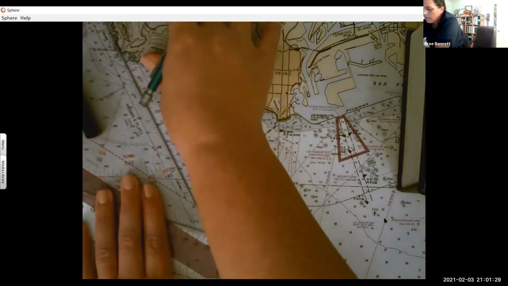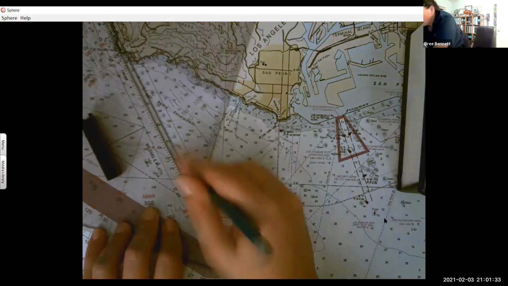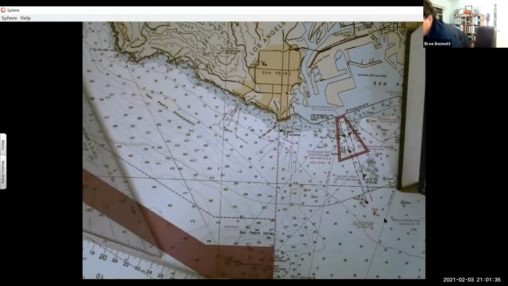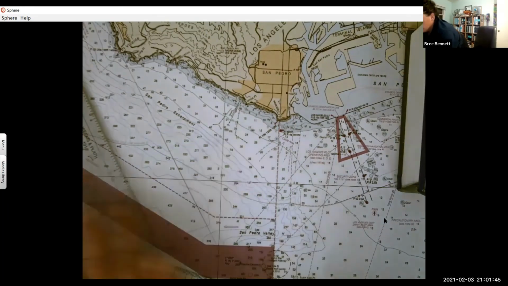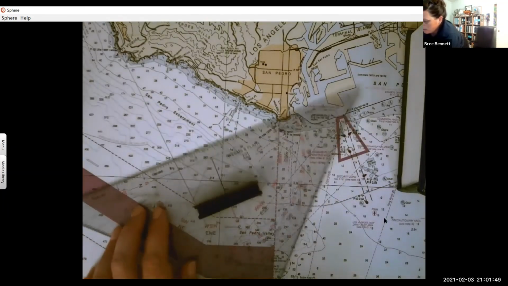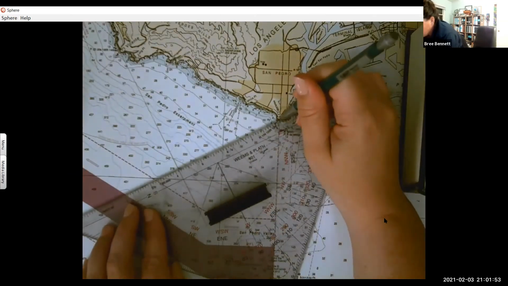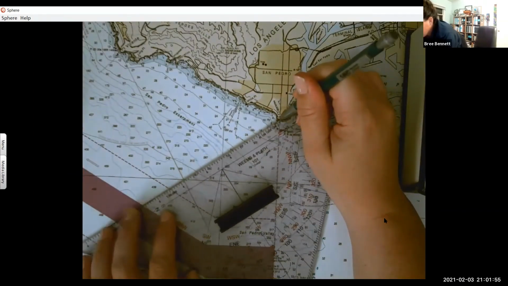I'm gonna draw mine a little bit longer, just in case. For Point Fermin, I had 0, 6, 1. So I'll have pencil. I'll be able to get 0, 6, 1.